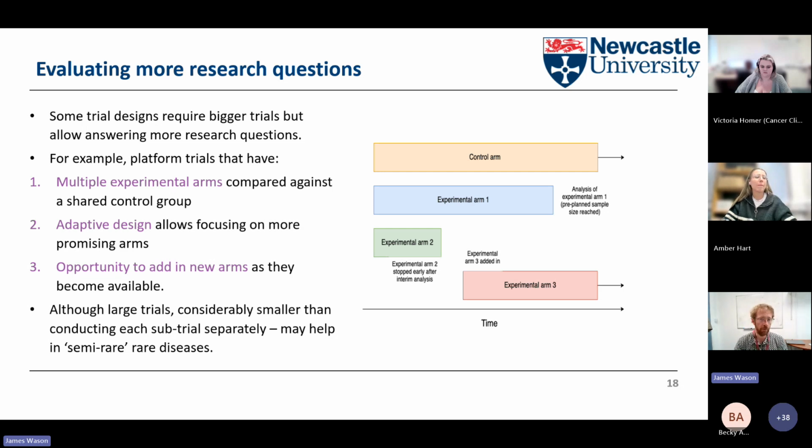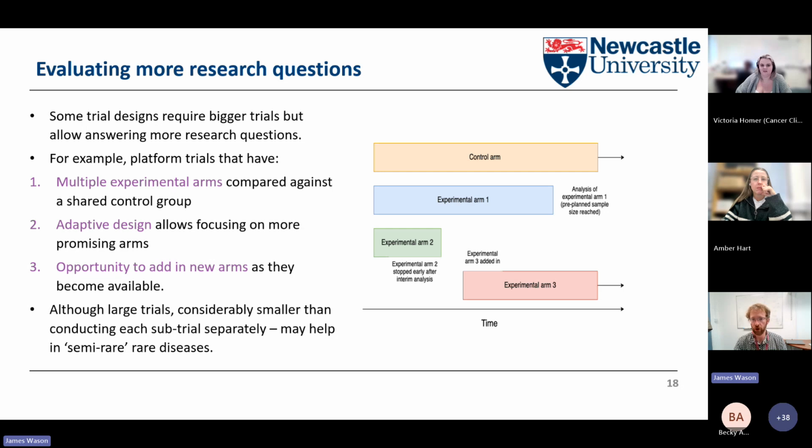And then also another really nice area of efficiency is that we can add in new arms as they become available, instead of running a trial, shutting everything down, and then restarting everything for a new research question, which takes a long time. We can add a new research question to the existing trial.